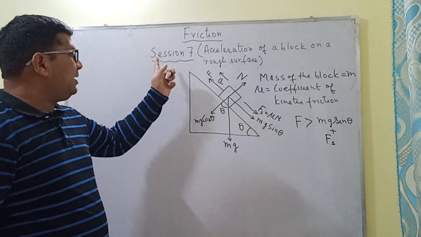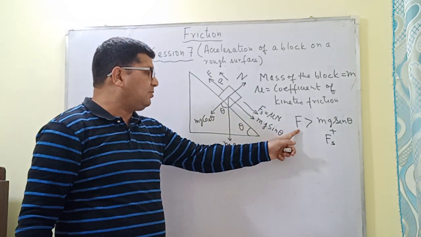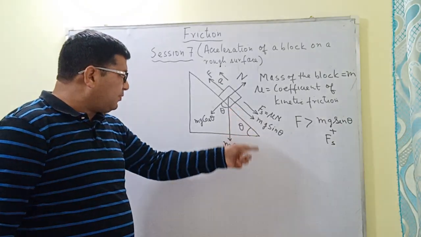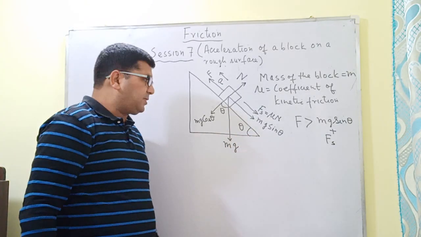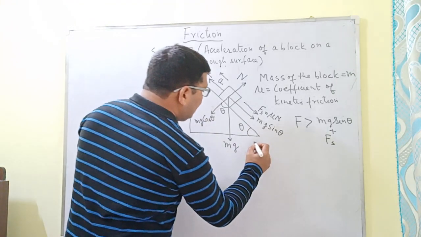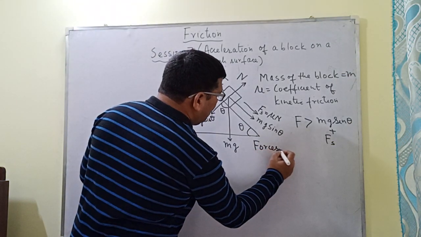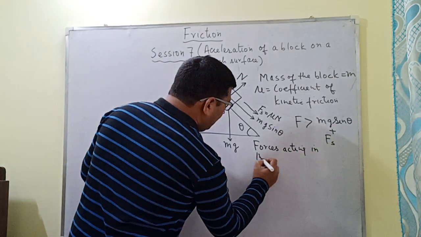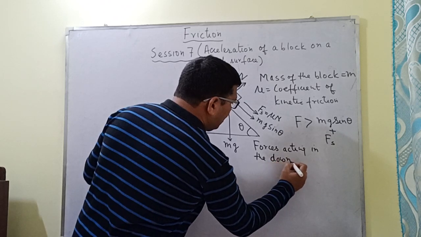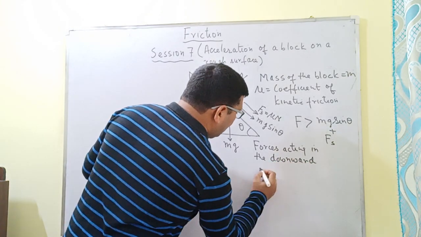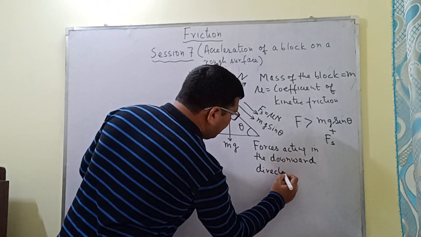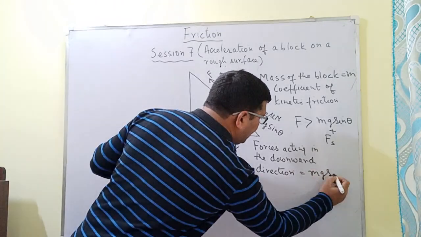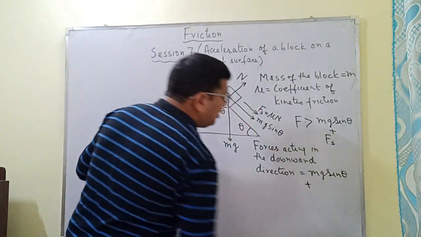So this block will start moving in the upward direction only when the magnitude of the external force is more than the sum of the forces which are acting in the downward direction. The forces acting in the downward direction is equal to mg sin theta plus the force of friction.